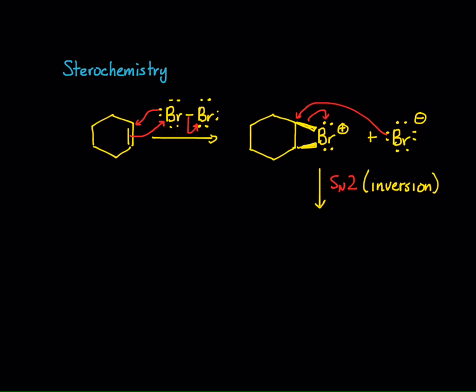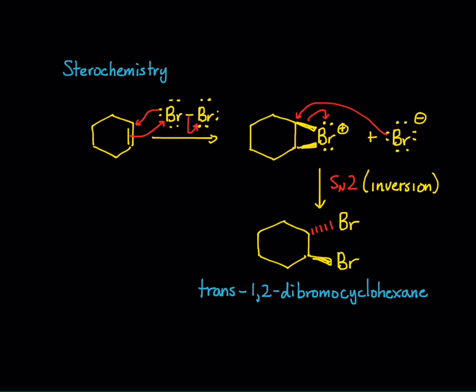So the bromide has to be coming in from the opposite direction, and I end up getting trans 1,2-dibromocyclohexane. That's the only product that I get when I halogenate cyclohexene, right? So this, again, reinforces our idea of the mechanism being the formation of a halonium ion or a bromonium ion or a chloronium ion instead of forming a carbocation.